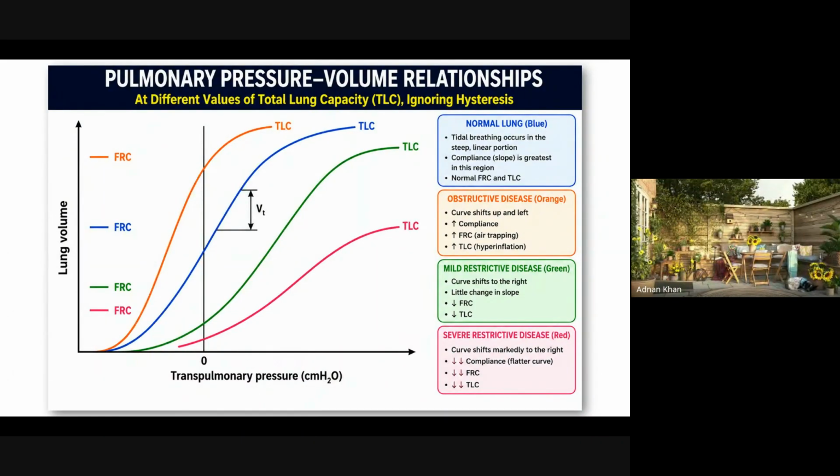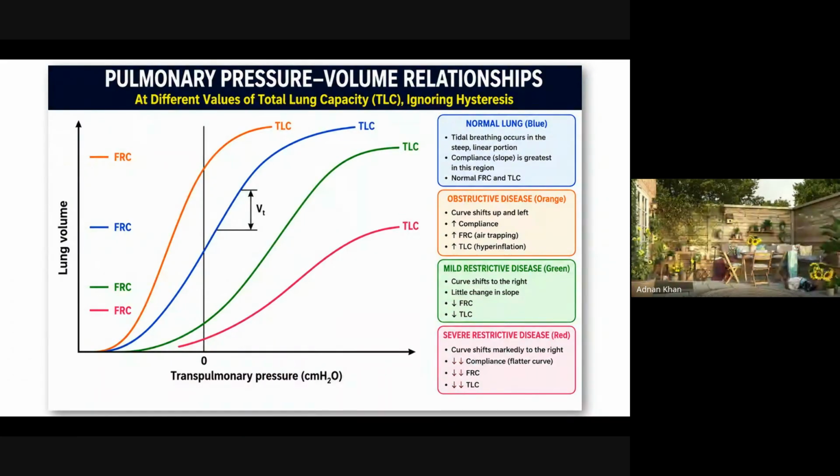The orange curve shows obstructive disease like emphysema. It leads to loss of elastic recoil and increased compliance, so the lungs inflate easily. But the air trapping can lead to increased FRC and hyperinflation with a higher total lung capacity. Therefore, the curve moves toward the left side of this graph.